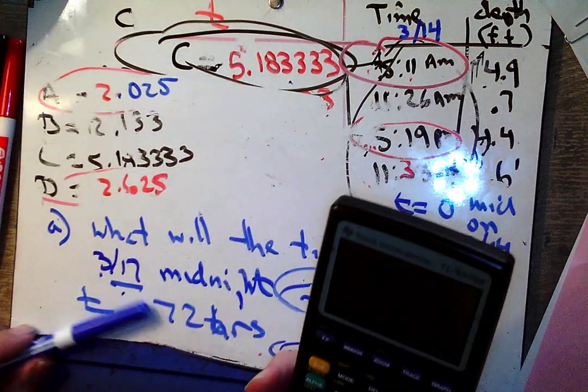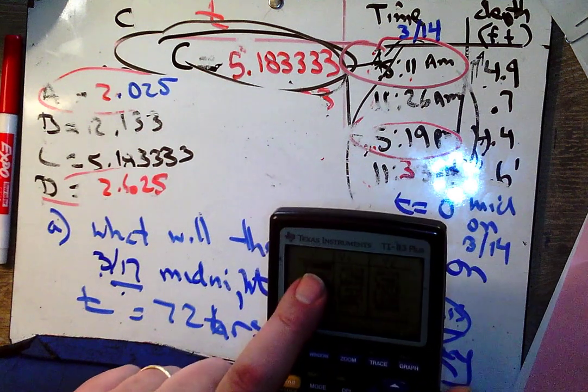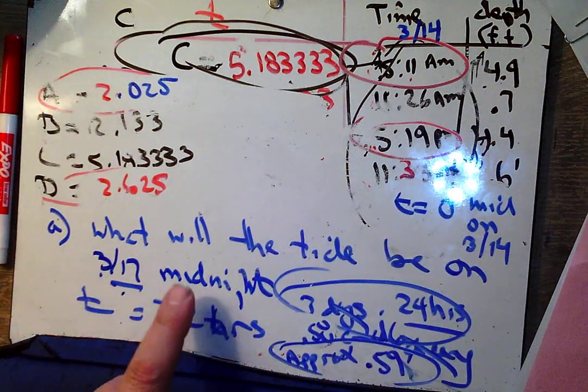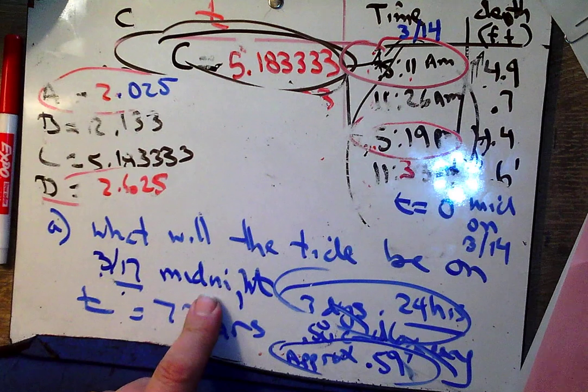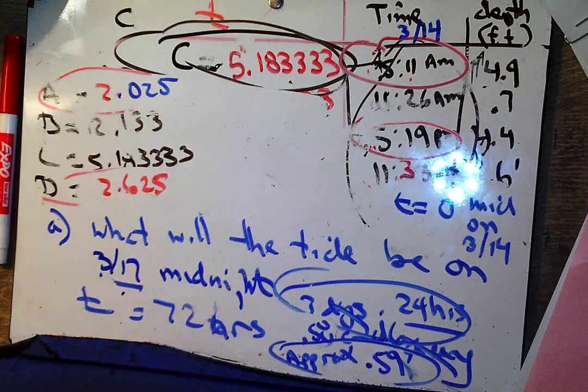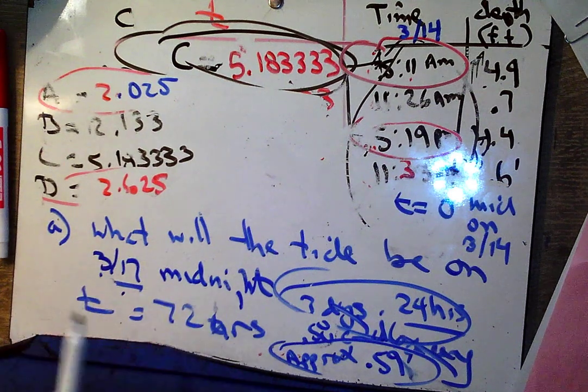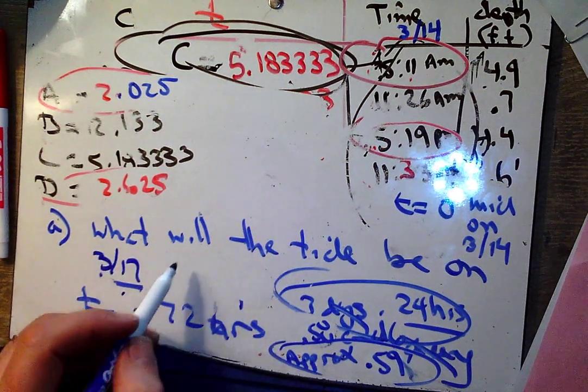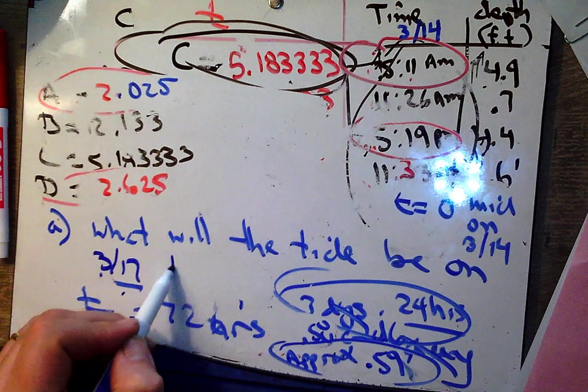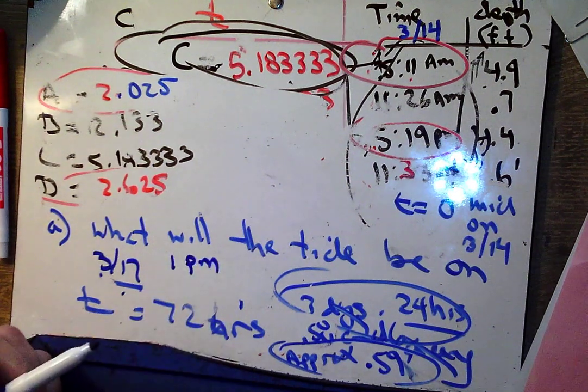Okay, so I use the table when they've given me an input. They gave me 317, and they said 72 hours. What if they had said not midnight on 317, but 1 p.m. on 317?